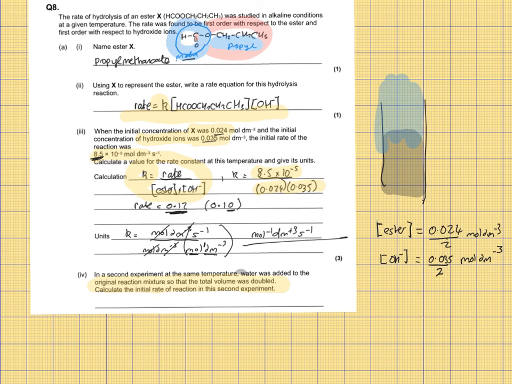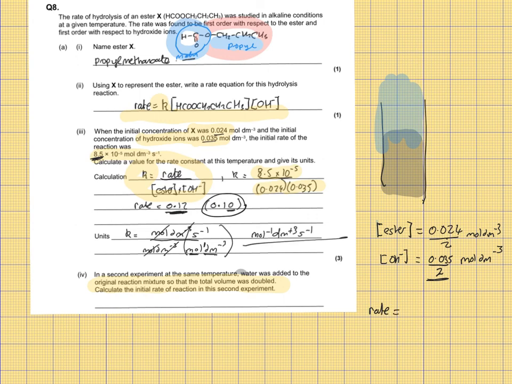So you take the original concentration of the ester, you divide it by 2. You take the original concentration of the hydroxide ions, you divide it by 2. And now we also have the rate constant. So we substitute these values back into the rate equation, but this time to find the new rate.